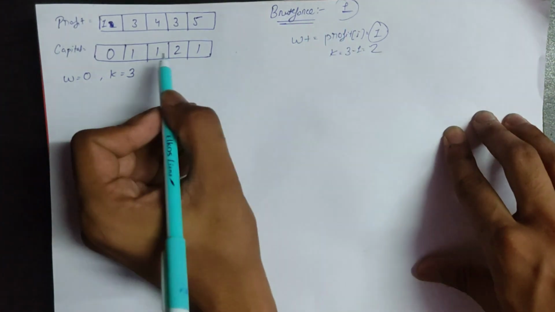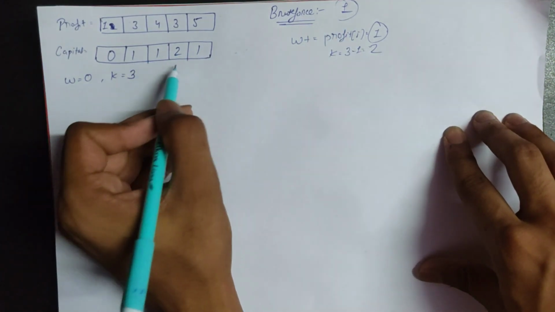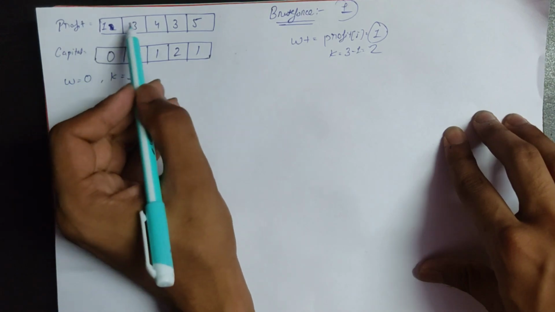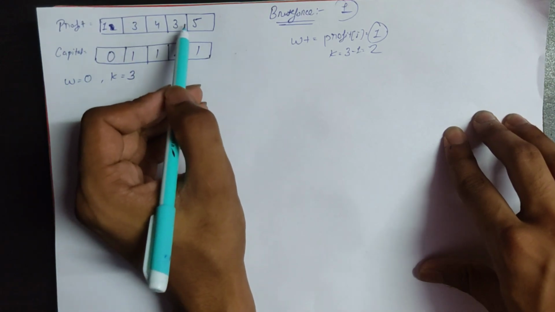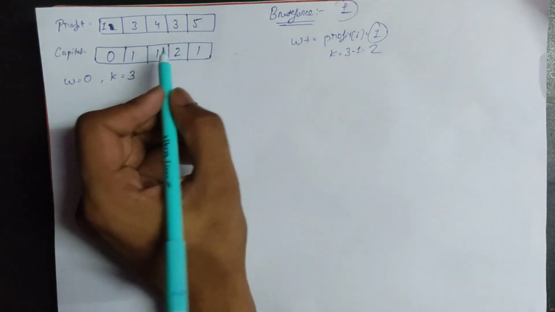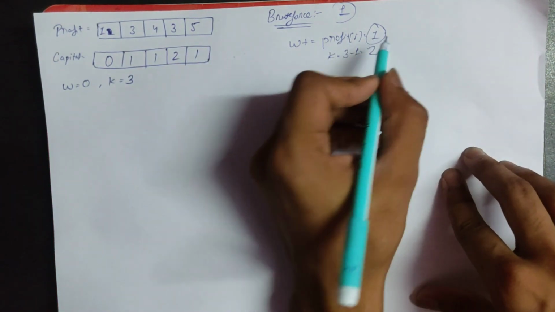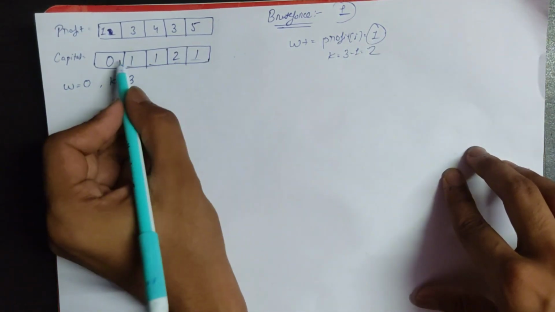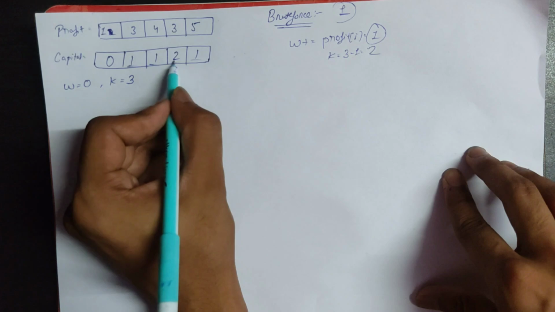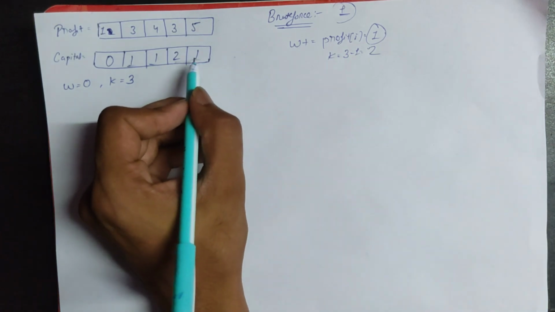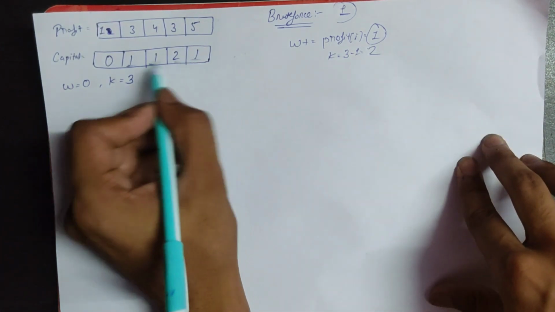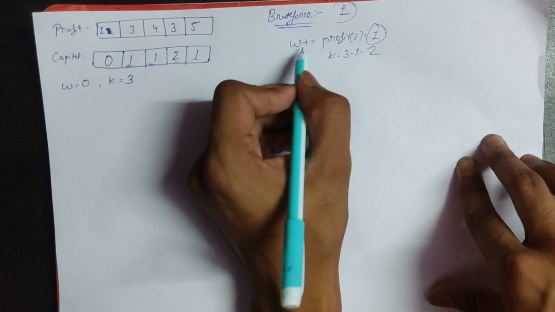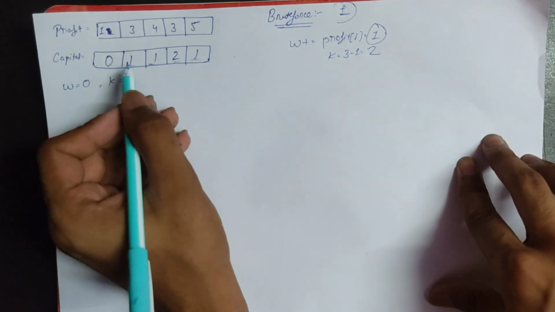After this, we will again traverse the capital array and find the corresponding maximum profit that we can get. For W equals 1, we have these 3 values, as 0 is already taken, because we can use only the values which are less than or equal to W in the capital array.